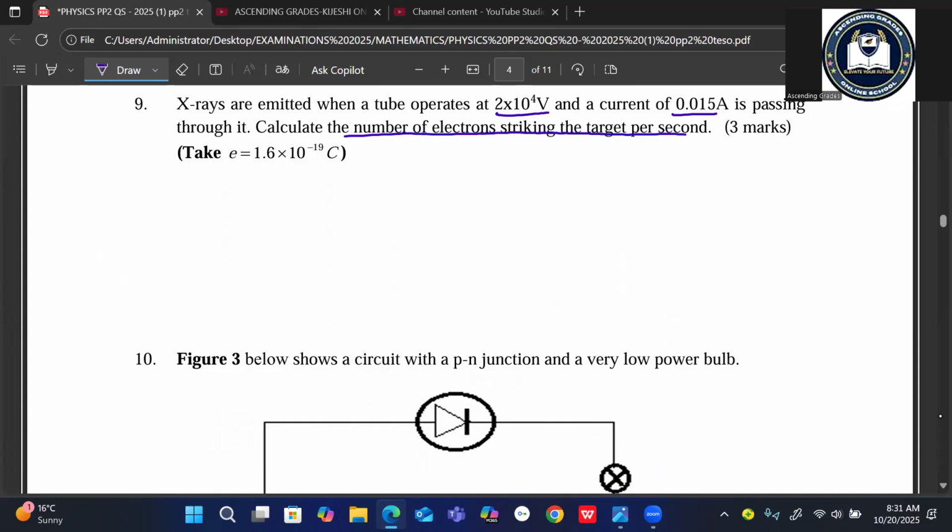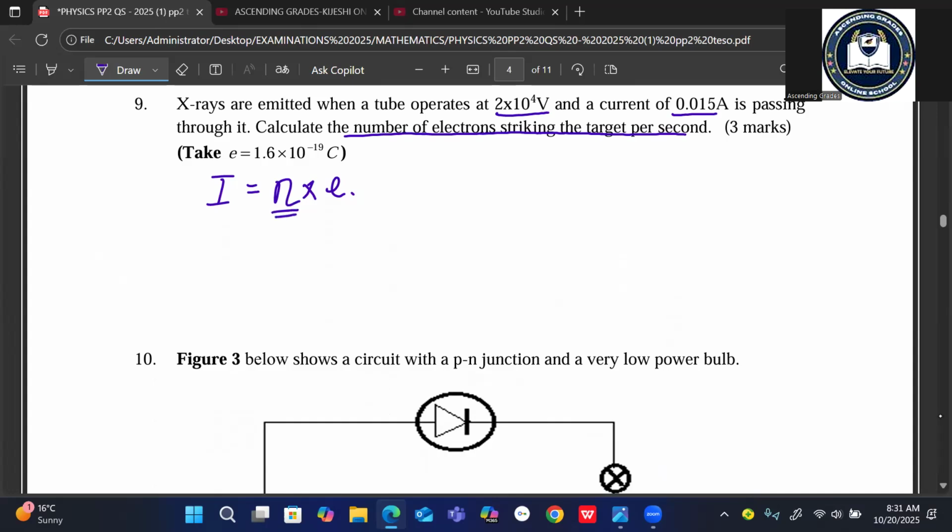So in this case, we know that the electrons are the ones responsible for the carriage of current. Therefore, the amount of current will be given by the number of electrons times the electron charge.